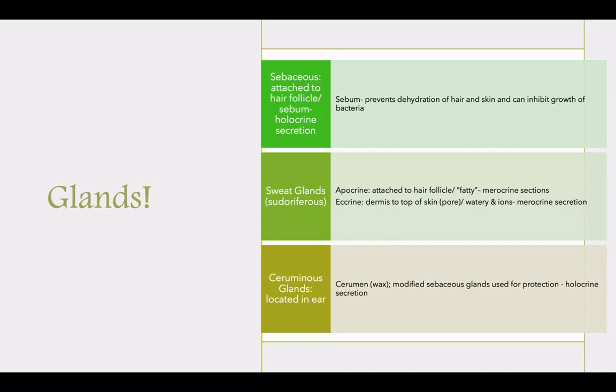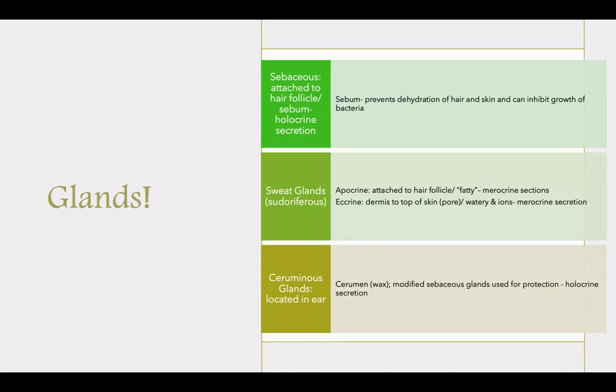Wherever that beard hair grows out of, typically an apocrine sweat gland is also found there. So those are going to be your smellier regions of the body because of that fatty sweat interacting with the bacteria on the skin.